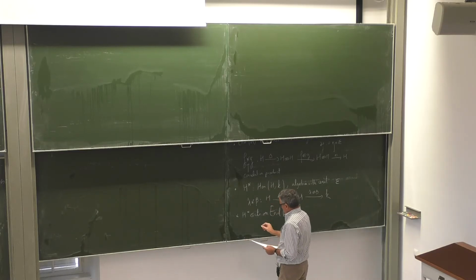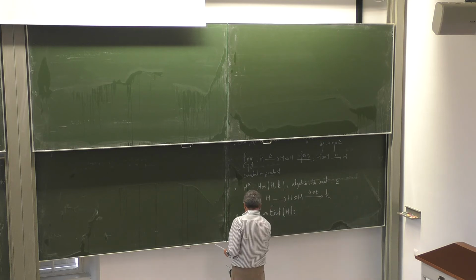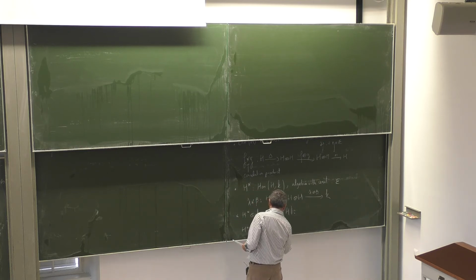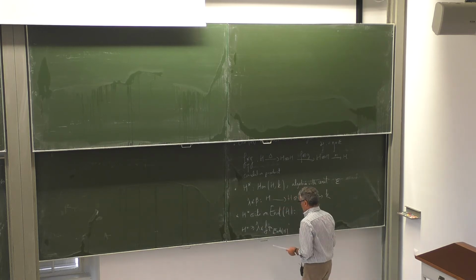So I will write using always the same notation, the convolution product. So if you have a linear form lambda and a linear endomorphism of H, you can apply always the same construction.